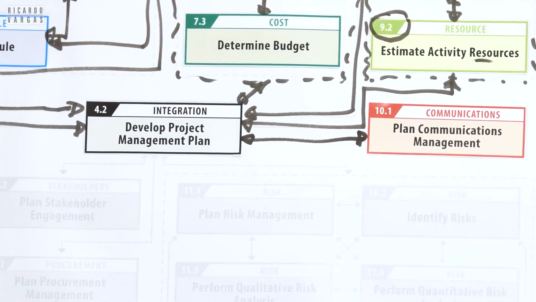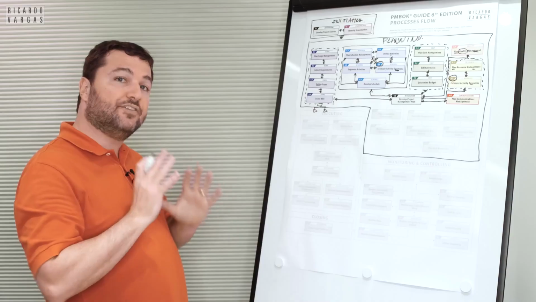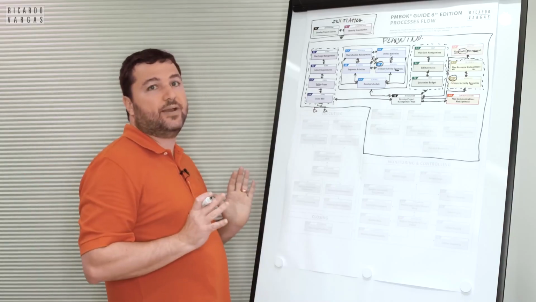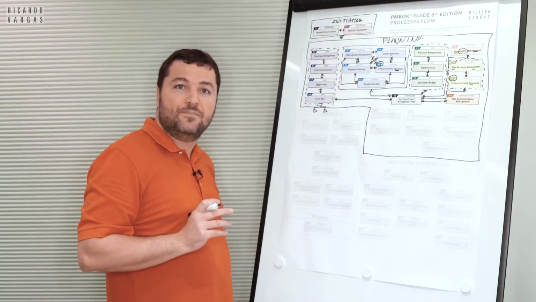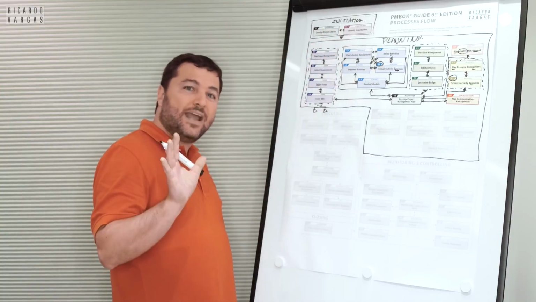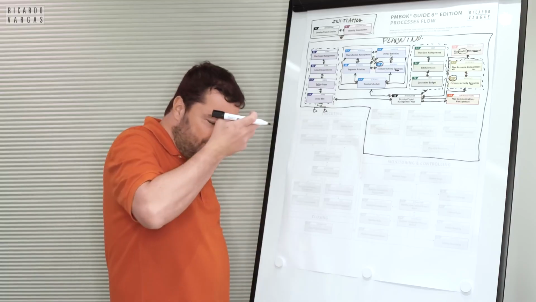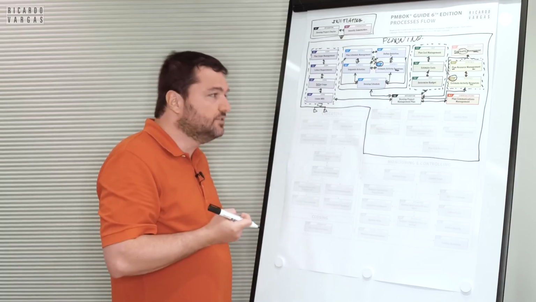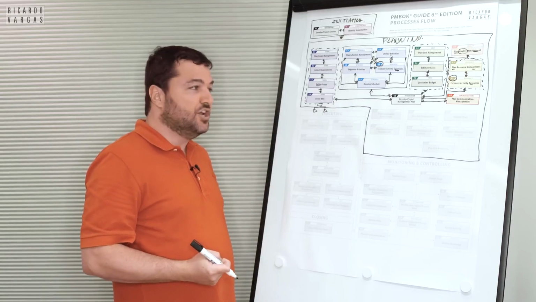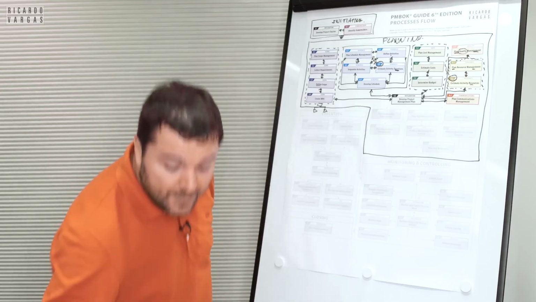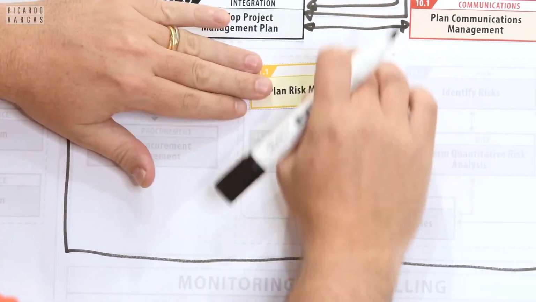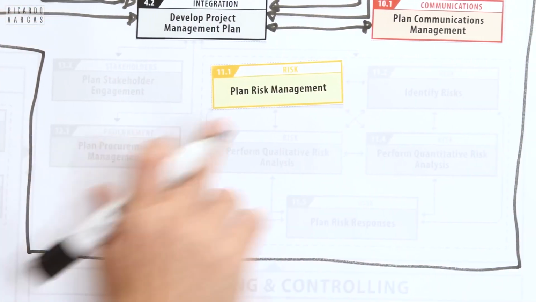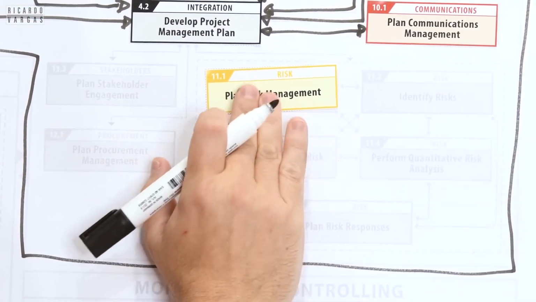So after doing that, then it comes to another very big knowledge area, almost as big as scope and schedule: risk management. Why? Because risk is an intrinsic part of your project. So the first thing you need to do is to plan how you want to approach risk management. Let me explain the answer you want to give here.